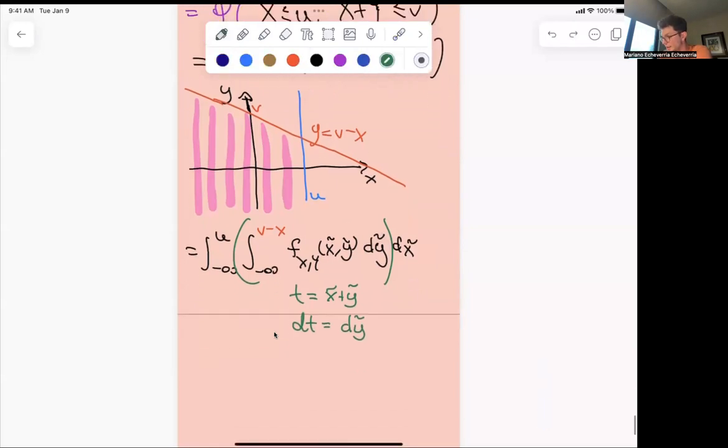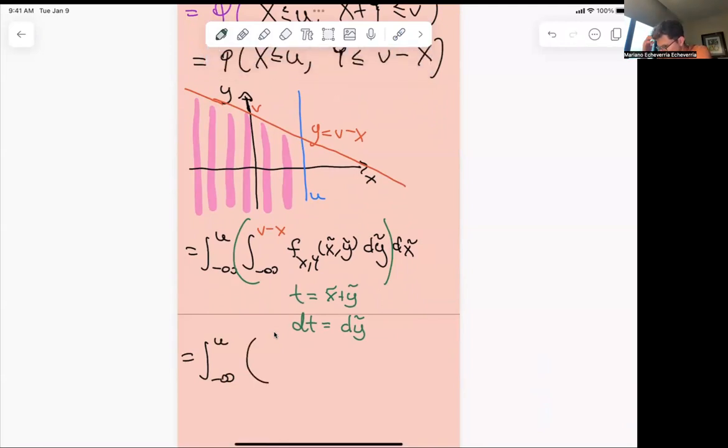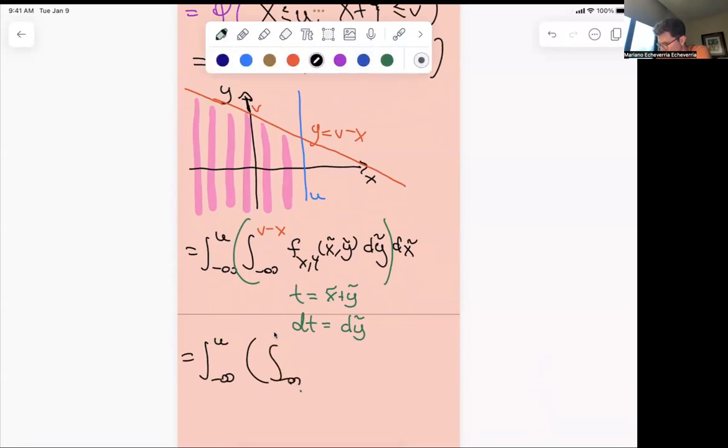So if you do that, this looks like the integral from minus infinity to u of what integral? The minus infinity at the bottom doesn't change. But when you change the upper bound, what happens when y tilde is v minus x?